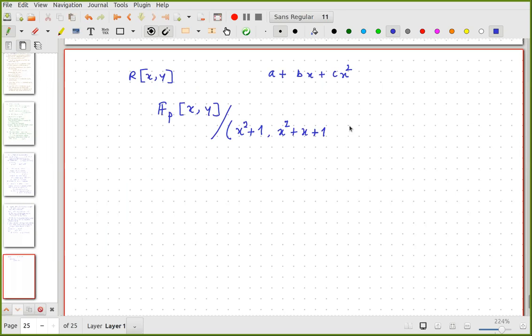Make it X to the 5 plus X to the 4 plus X cube plus X square plus the one you had. Just for example, you can generate more examples. Cyclotomic. Sorry, make it Y, this I meant to be in Y. Yes, cyclotomic. So you can ask whether this is going to be a field, for example.